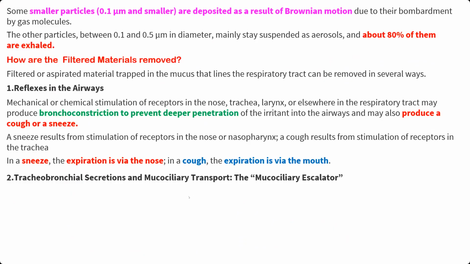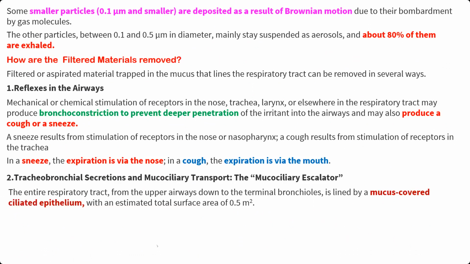How the secretions or foreign bodies that have managed to go deeper into the tracheobronchial tree are removed is the important thing. And that is where the mucus secretion which is produced in the lining of the epithelium, with the cilia, comes to help.